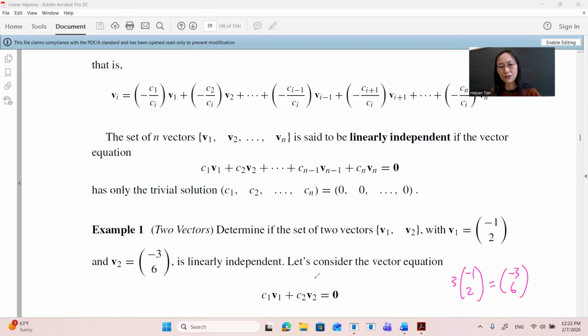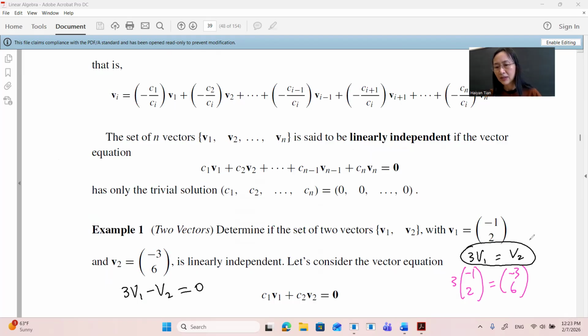So immediately you say, oh, v2 is representable as a linear combination of v1. Here we see that v2 is 3 times v1, so v2 is dependent on v1. So the set is a linearly dependent set. Also, if I rewrite it, 3v1 minus v2 is 0, right?